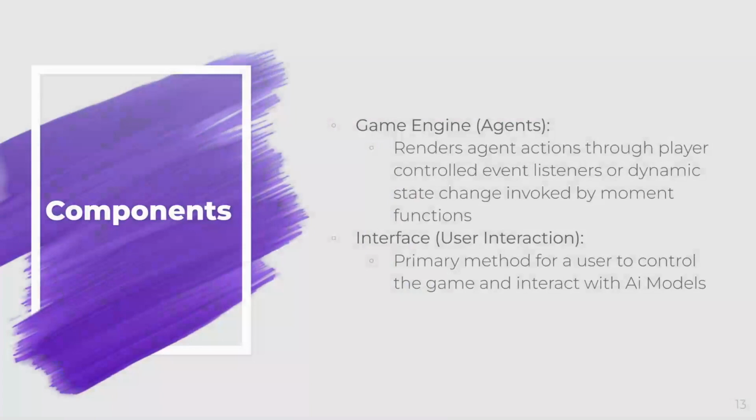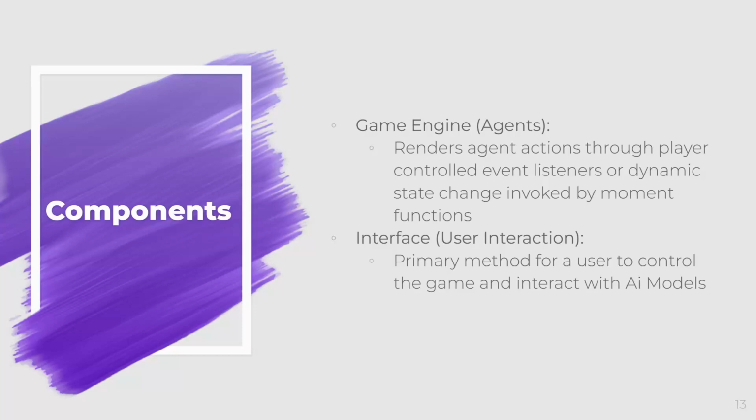The 2 primary components that we have are the game engine and the user interface. The game engine itself is handling agent actions and rendering those. So we have sprite images or PNGs, and those sprite images are 3 columns by 4 rows. At any given time, we have to make sure that that frame for its X and Y position in the game is being rendered correctly.